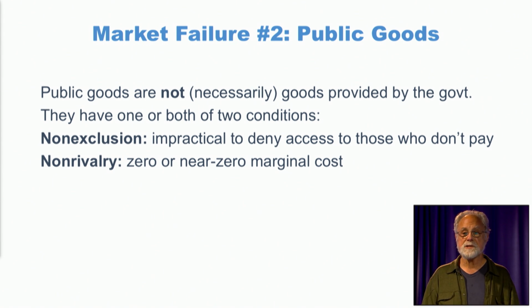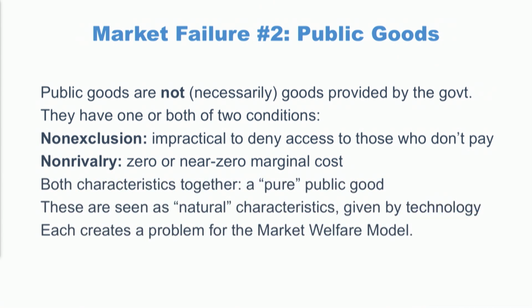It is a tendency of economists to think of these as natural characteristics that are just given by the technology of the good itself. It's not something that's caused by public action. And therefore, there's really not much you can do about it, unlike competition, for instance, monopoly, which you can try to prevent.